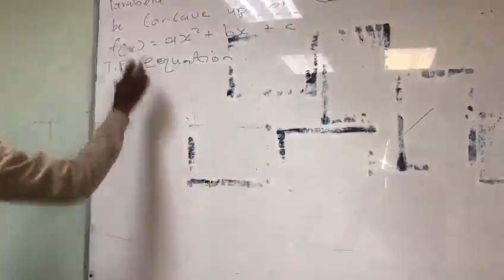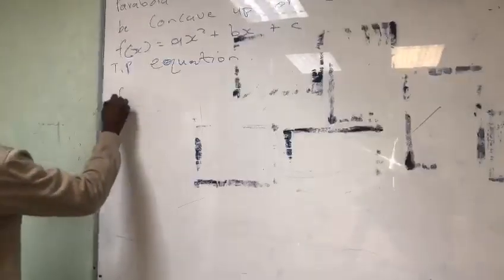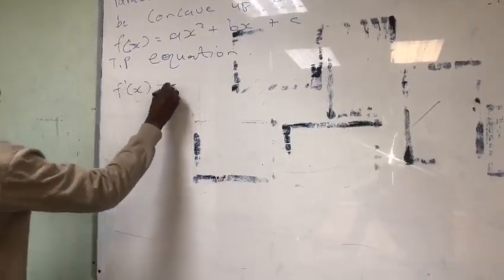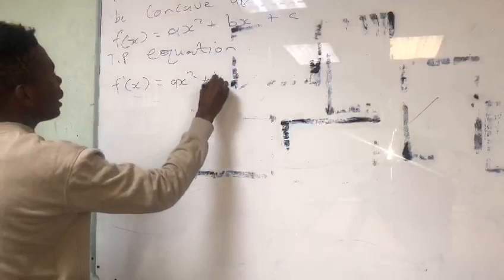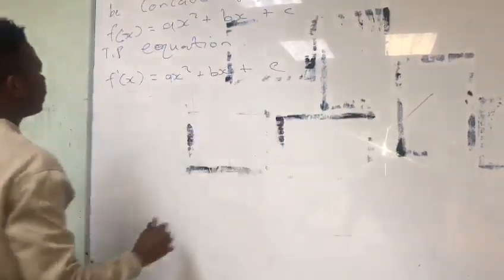We derive this general form. The derivative of ax squared plus bx plus c, right?